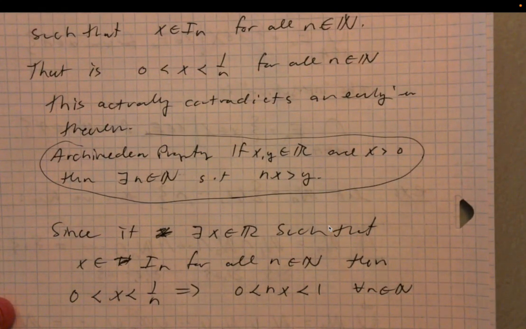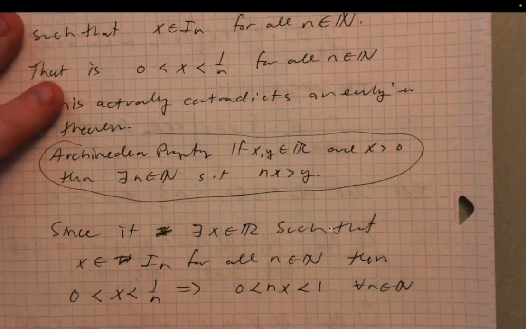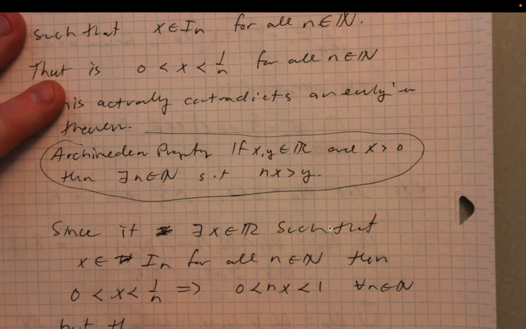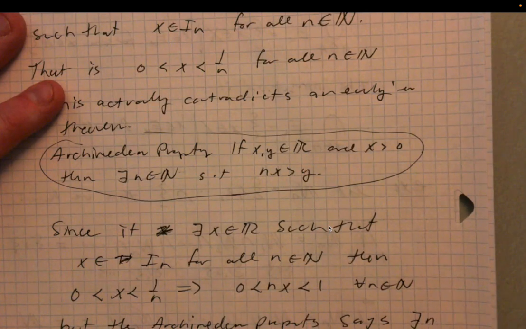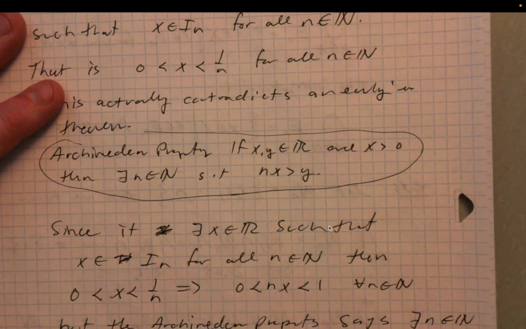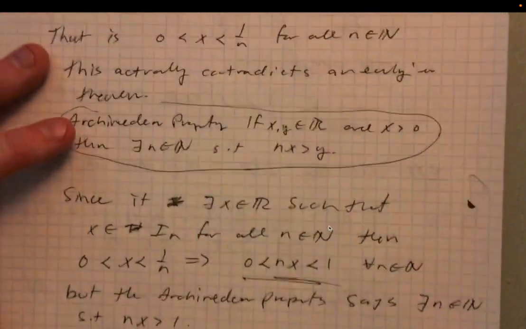But the Archimedean property guarantees that there does exist an n in N such that n times x is greater than 1, right? But this is telling me that there isn't one.